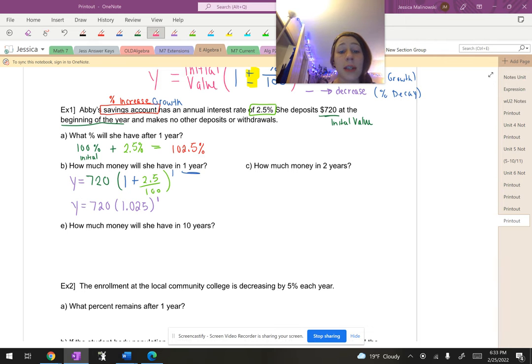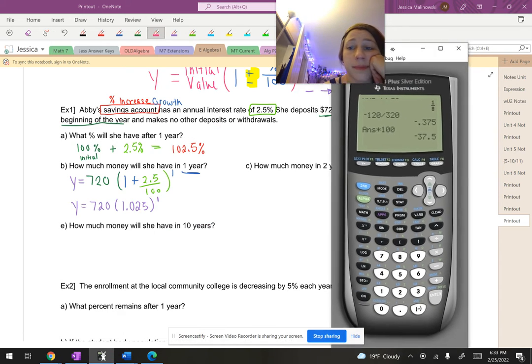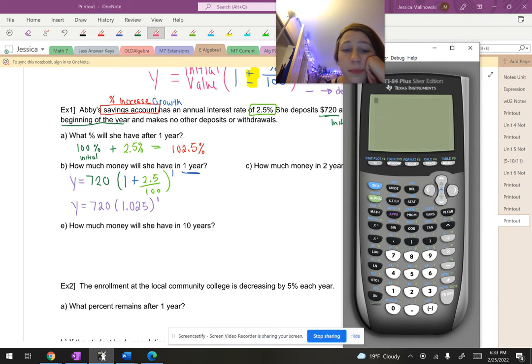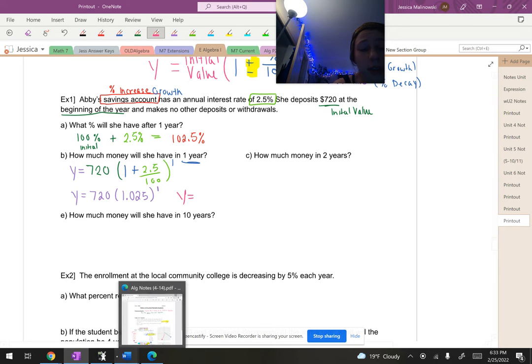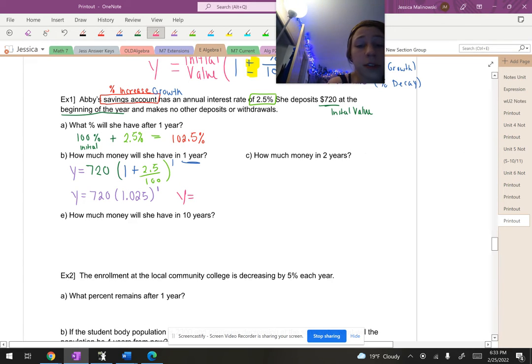So at that point, I can calculate that: 720 times 1.025 to the first power. And that gives me, with how much will she have after 1 year, $738.